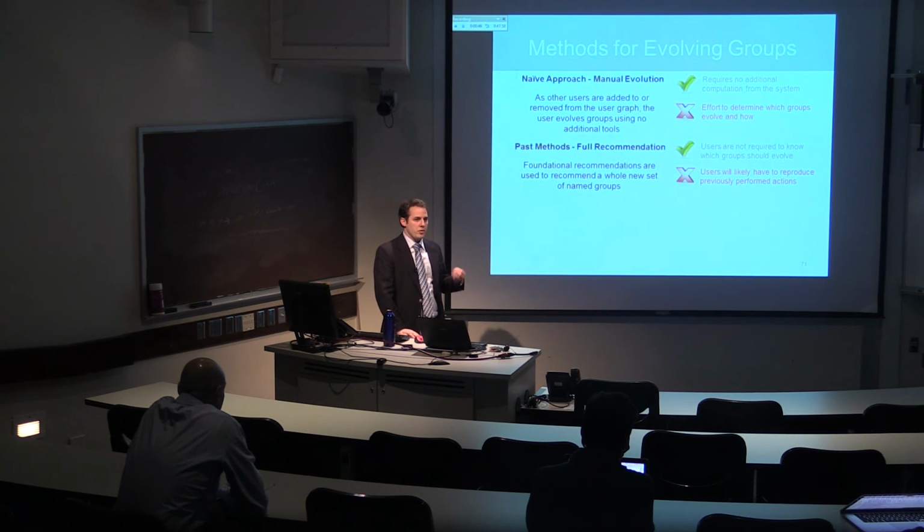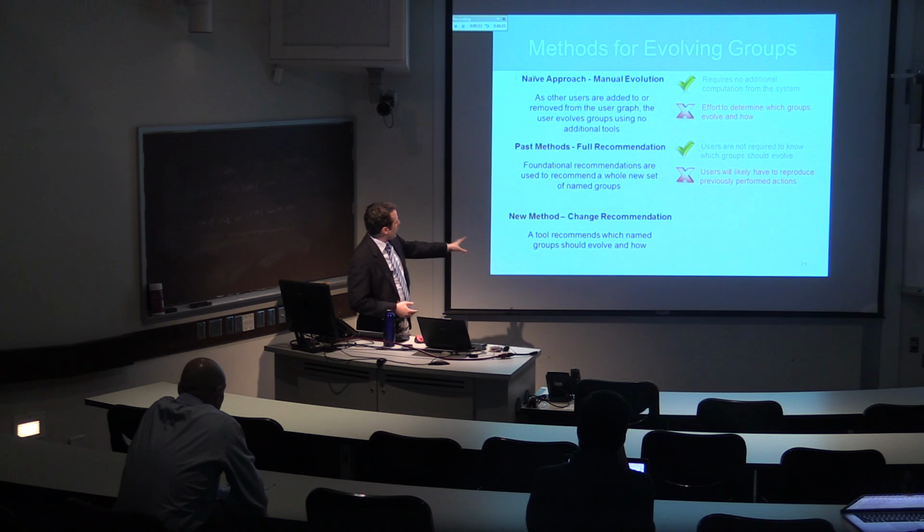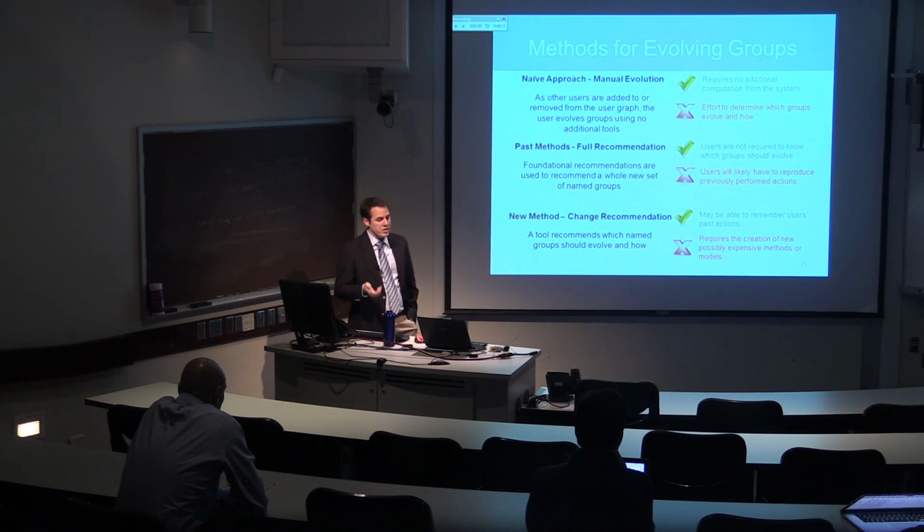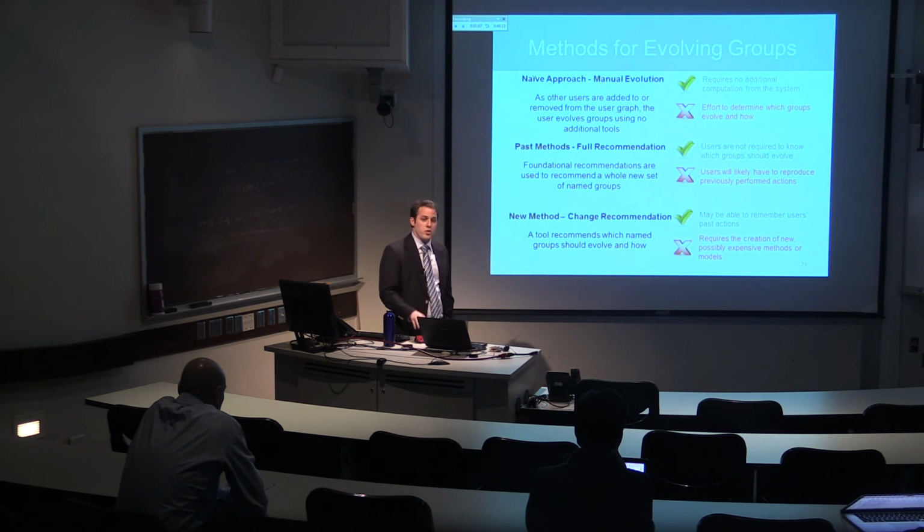They may have to reproduce accepting, editing, or rejecting recommendations. And we could use a new method, or change recommendation, where a tool recommends which name groups should evolve and how. And this is good in that it may be able to remember users' past actions, meaning they don't have to reproduce them. But it may require the creation of new, possibly expensive methods or models.